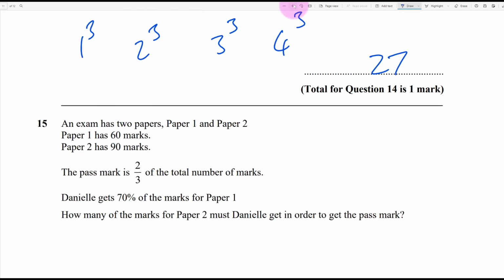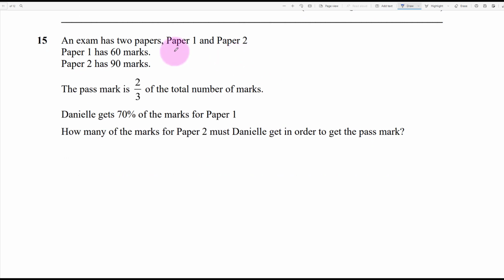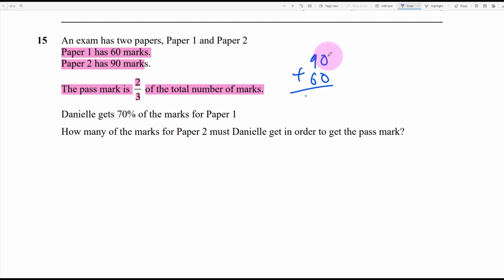15, I'm going to zoom into this. Paper 1 is 60 marks, paper 2 is 90 marks. Let's highlight that. The pass mark is 2/3 of the total number of marks. So let's work out the total. That's 90 plus 60. Use a calculator if you need to. That's 150 marks.